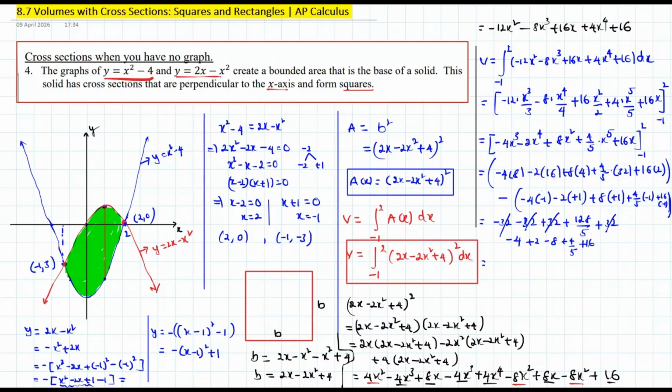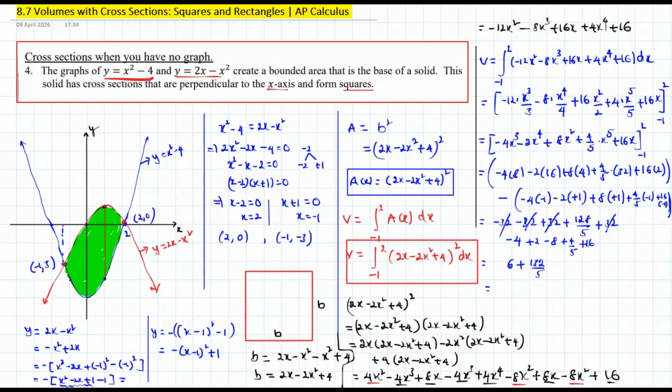So we have negative 2, negative 4 plus positive 2, negative 2, negative 2 plus negative 8, that is negative 10, plus 16, so that is 6, plus 128 over 5 and 4 over 5, that is 128 plus 4, that is 132 over 5, right?